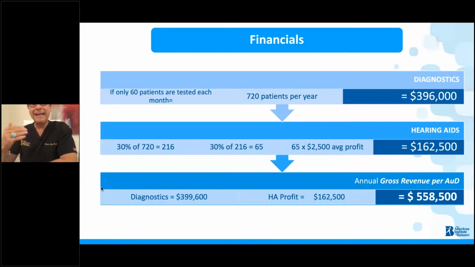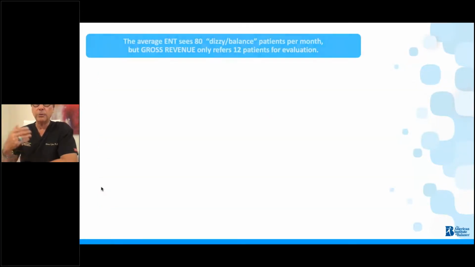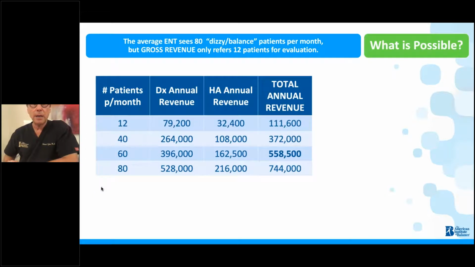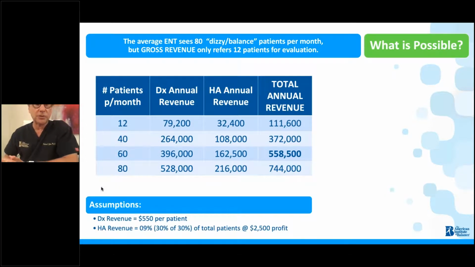If you then add in that 30% of the 30%, and you look at about $2,500 gross profit per dispensing, you can see that it really starts to add up.